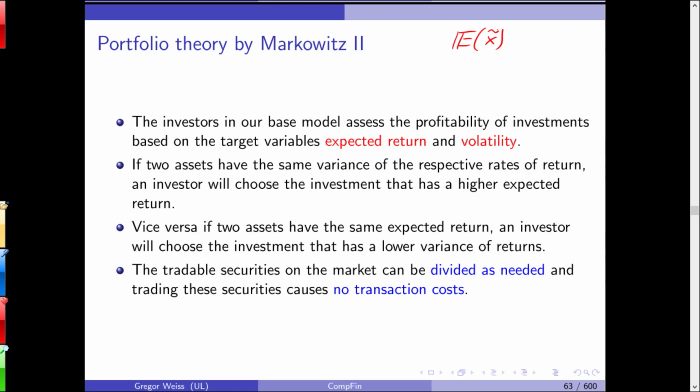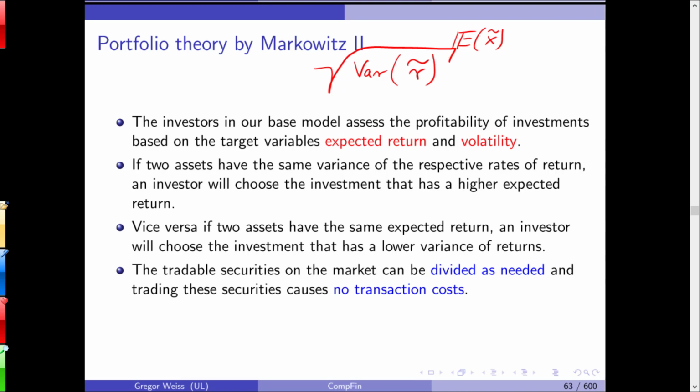So if two assets have the same variance, meaning you have the return R, you're calculating the variance of R, or taking the square root, aka the volatility of the stock return, investors do the following.